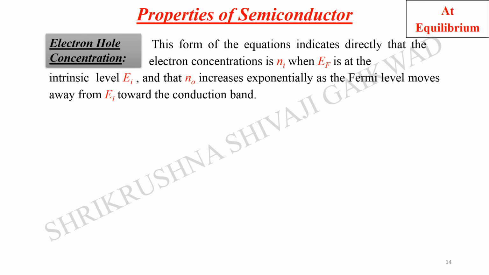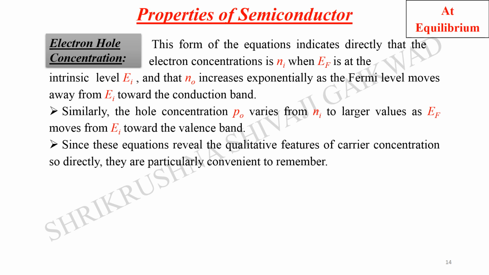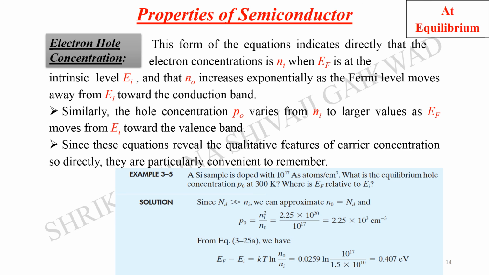This form of the equations indicates directly that the electron concentration is ni where EF is at the intrinsic level EI, and that n0 increases exponentially as the Fermi level moves away from EI towards the conduction band. Similarly, the hole concentration applies. Since these equations reveal the qualitative features of the carrier concentration directly, they are particularly convenient to remember.